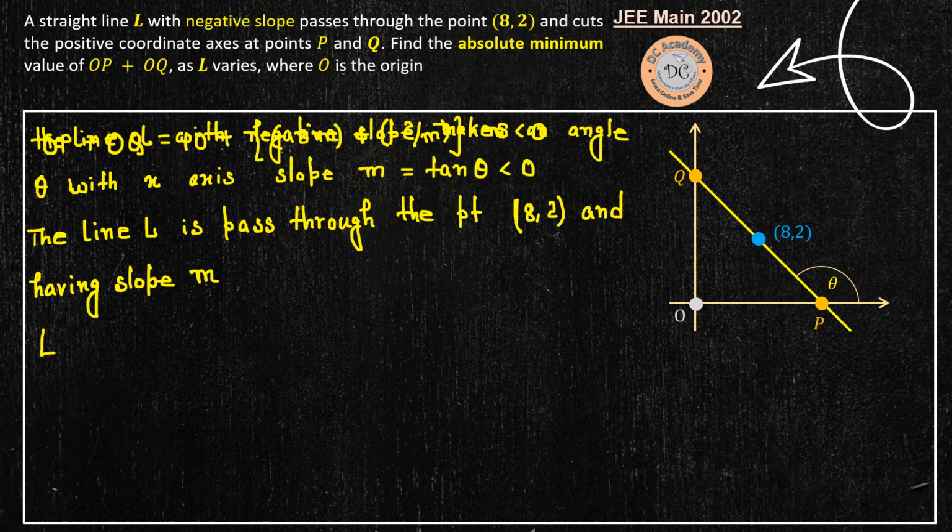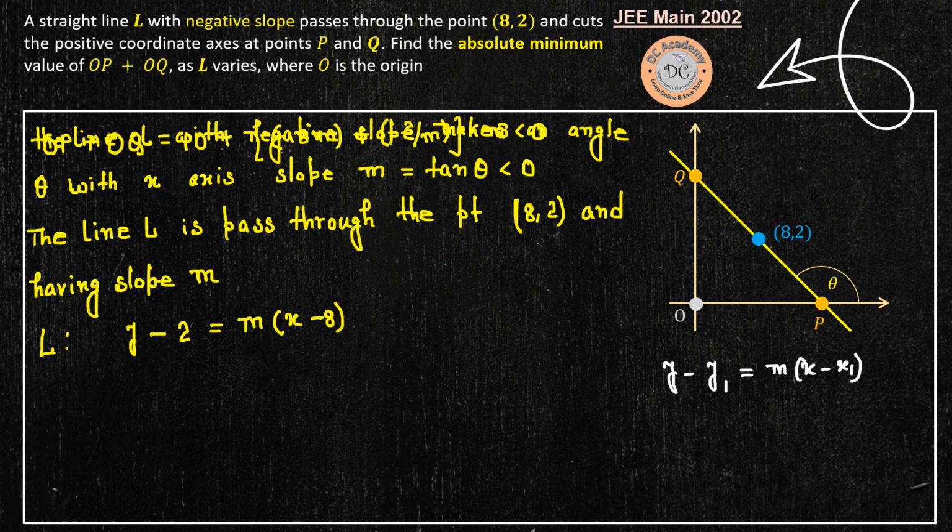So what is the equation of the line L? We know that the equation of a line with slope m and passing through (x1, y1) can be written as y minus y1 equals m into x minus x1, an important formula. So we can say y minus 8 is equal to the slope into x minus 2. So this is the equation of the line.